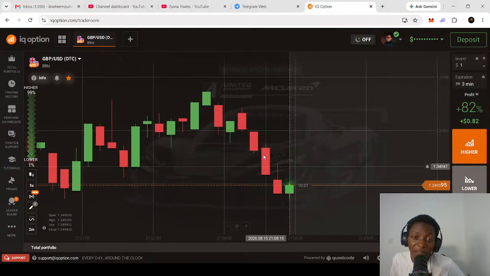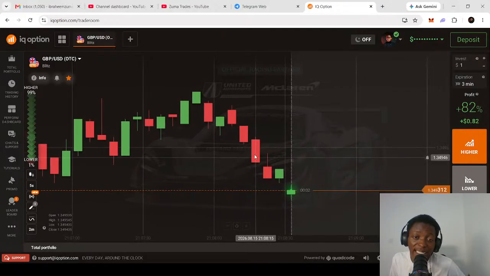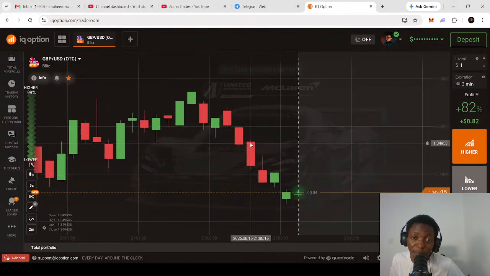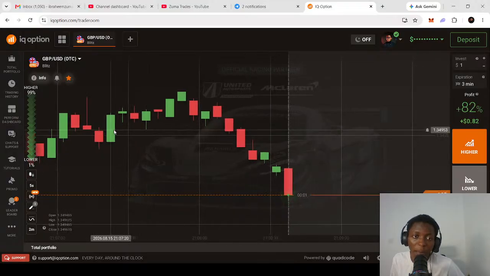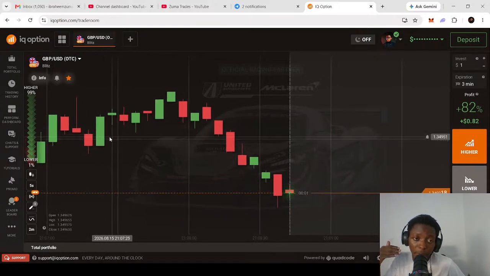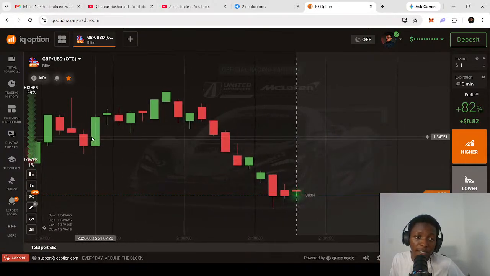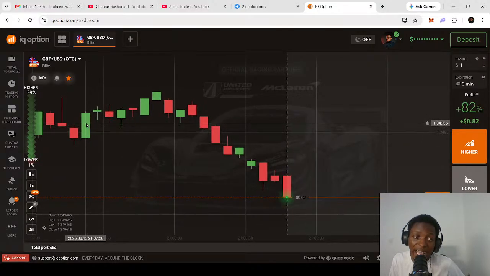Within that 5 seconds, if you have a red candle, it means the sellers have overpowered the buyers and the market is going down. If you have a green candle, it means the buyers have overpowered the sellers and took control of the market at that moment.